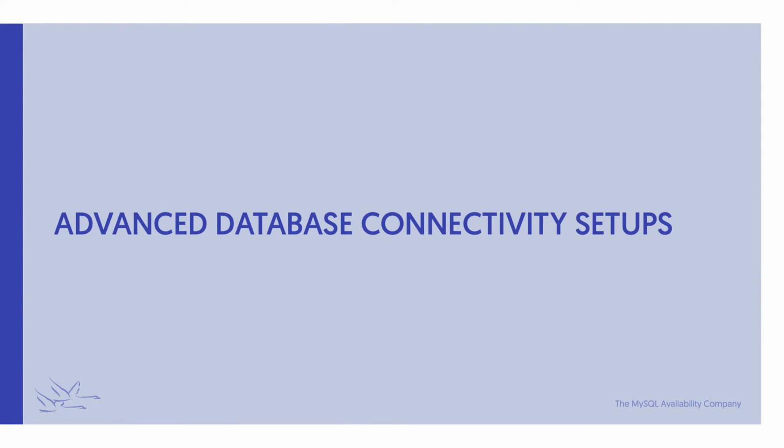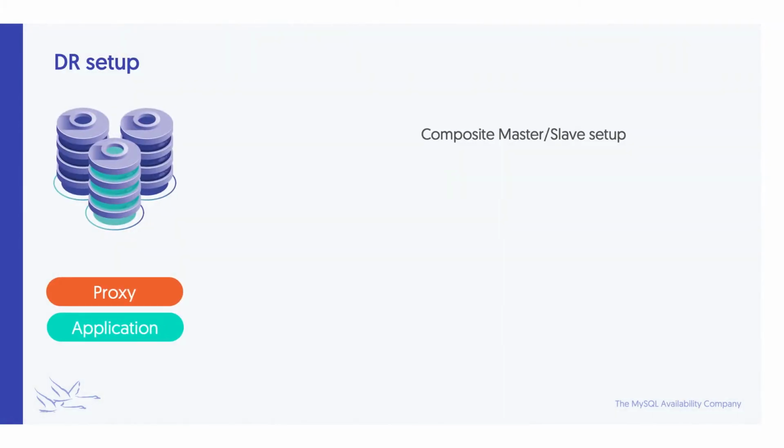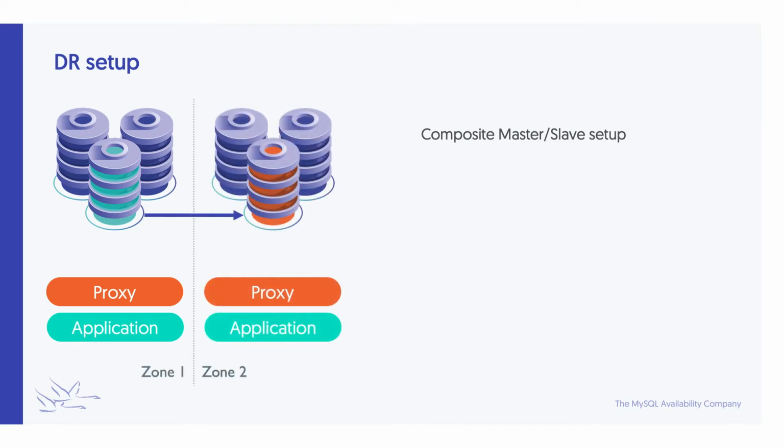With advanced database setups, like here a disaster recovery setup, we have two sites. One site is the master site on zone 1, and there is a full cluster here that will replicate its information to a second site, the relay cluster.